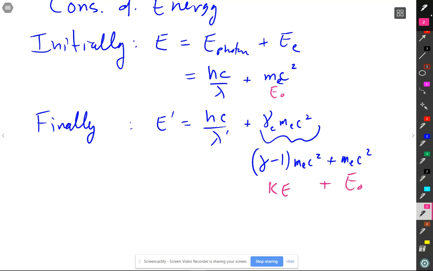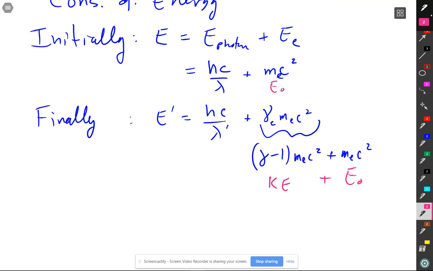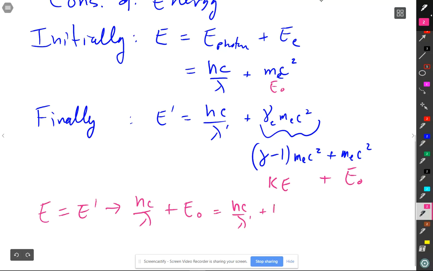And that's going to make my life easy then, because if energy is conserved, then my final energies have to equal each other. And so if I solve this for kinetic energy, I'm going to have to subtract hc over lambda prime. And I'm going to have to subtract E0.